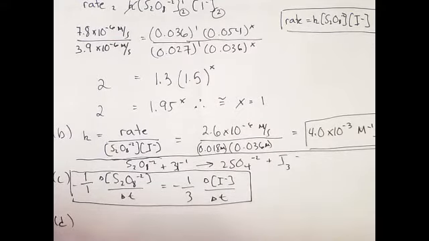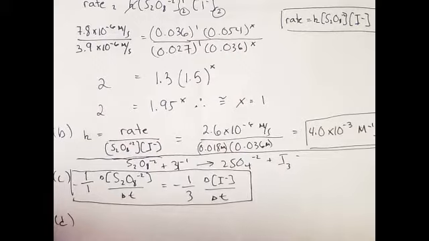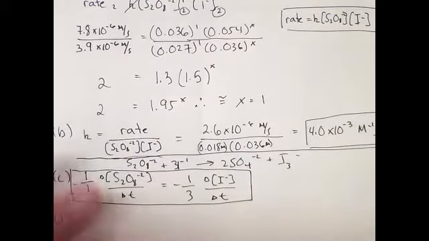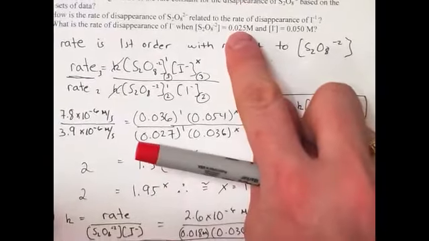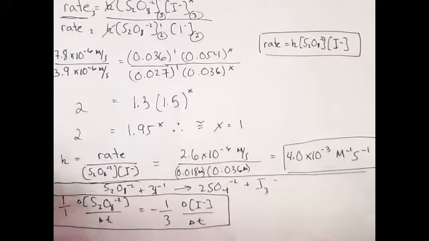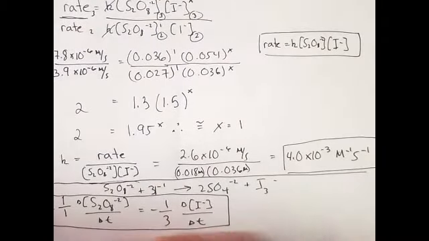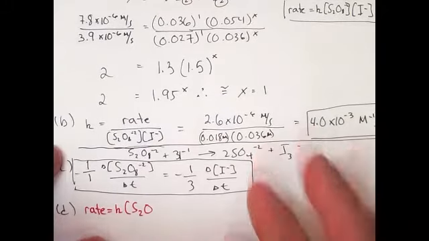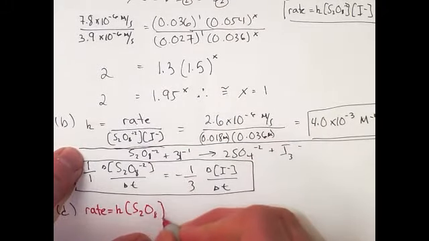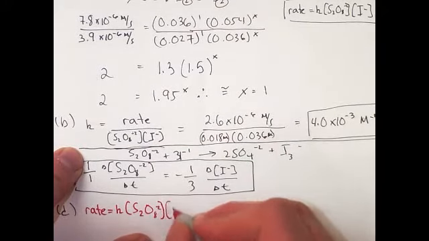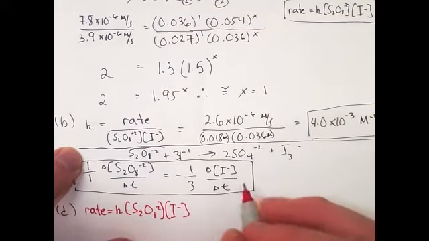It says, what is the rate of disappearance of iodide when the concentration is given to be 0.025 and 0.050. So once again, we will solve for the rate. Rate equals K [S2O8] [I minus].